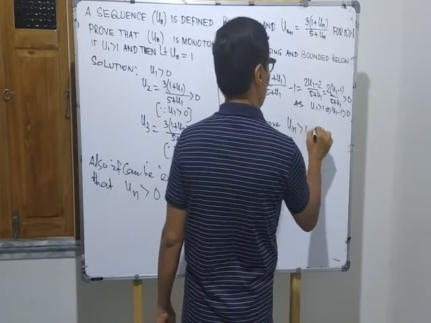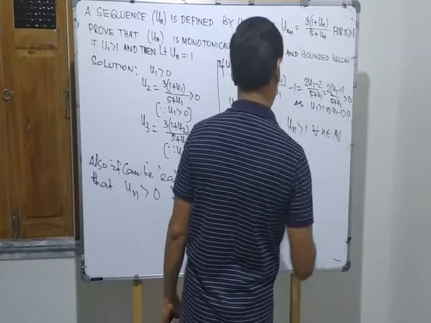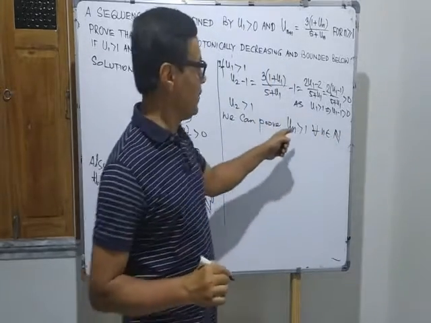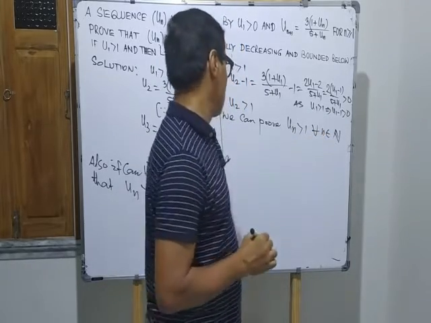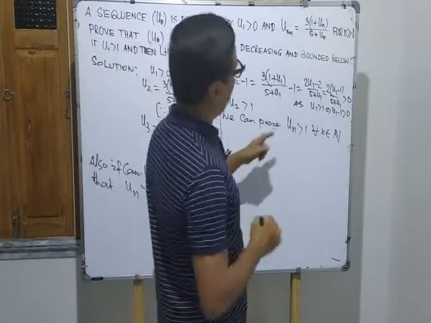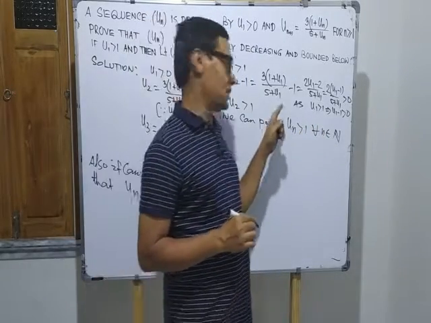We can prove un greater than 1 for all n belonging to the set of natural numbers by using mathematical induction.